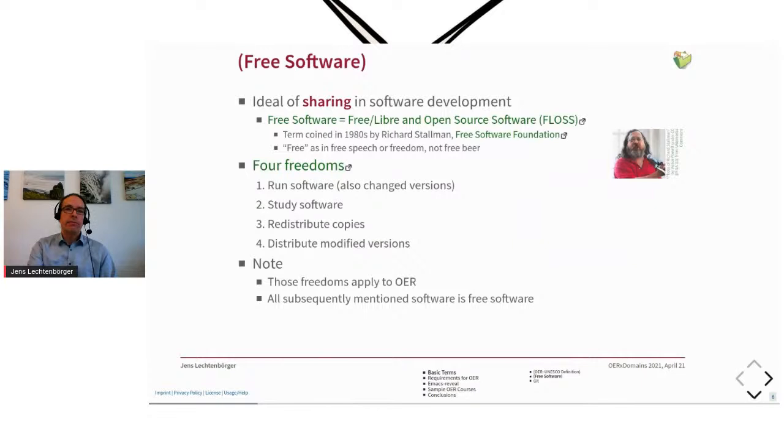In fact, such freedoms have a long tradition in software development under the term free software, which you might know as open source software. And all software that I endorse here in this talk is free software. So you can take that, improve it, redistribute it in modified form. And that is what we also want to do with OER.